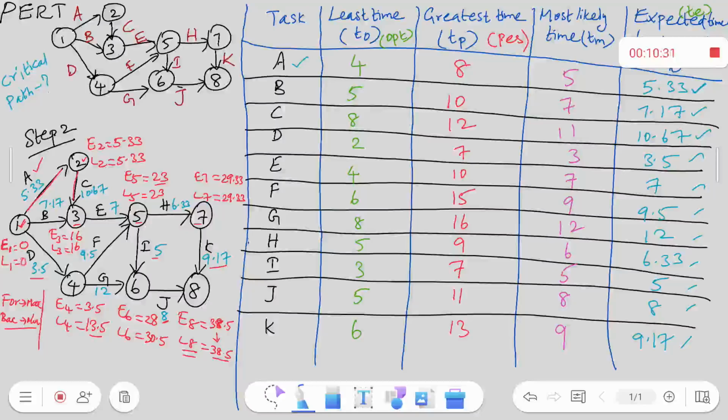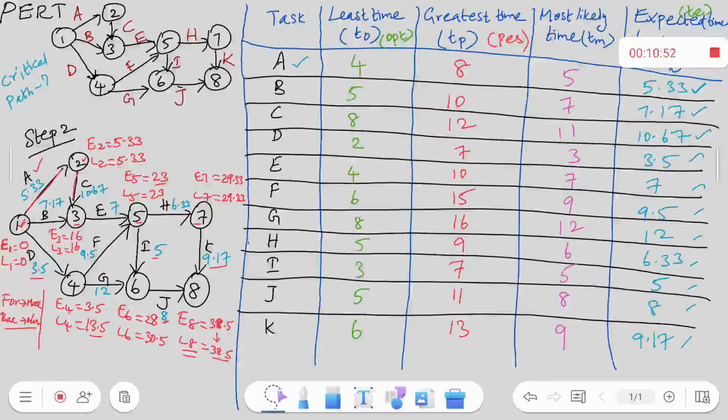Okay. So I have found out the earliest start time and latest finish time with respect to all the nodes. Now, our job is to find out the critical path of the network. For that, we have to go for one more tabular column.